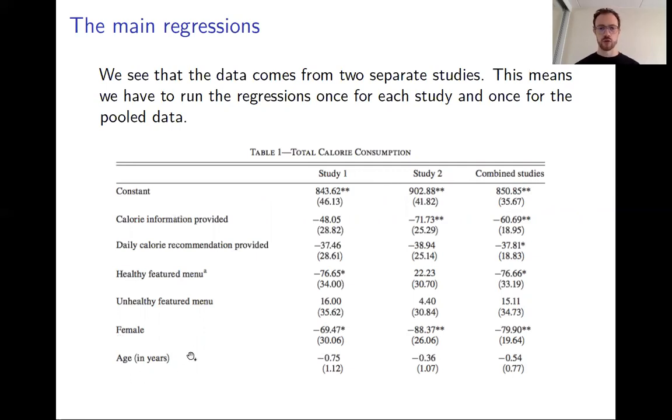And then there are some control variables for demographics, and I cannot show all of them here because the space is limited, but there is also a control variable for being African American, and then there are some interaction terms between being in study 2 and being featured, having been presented a healthy menu. So we see that there's also 3 regressions. First, we have the regression for study 1 only, we have the regression for study 2, and then we have them combined. So we have to run 3 regressions in order to replicate table 1.